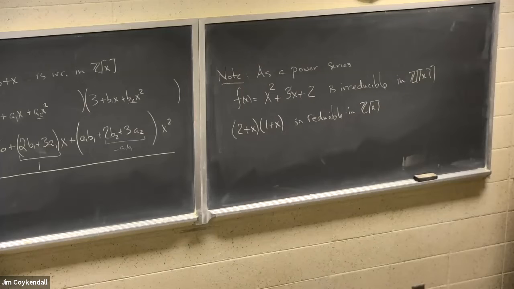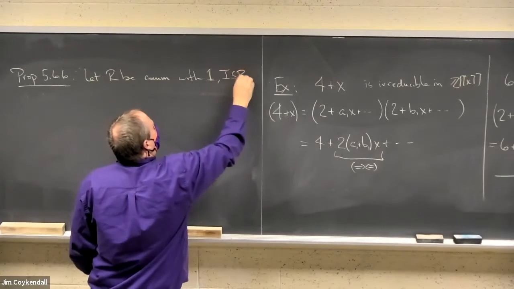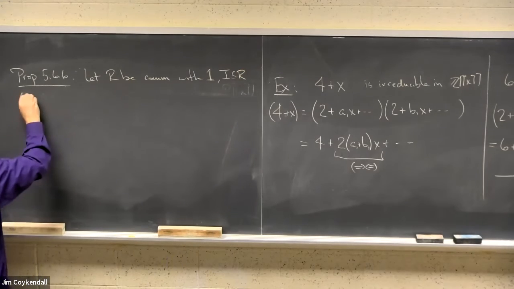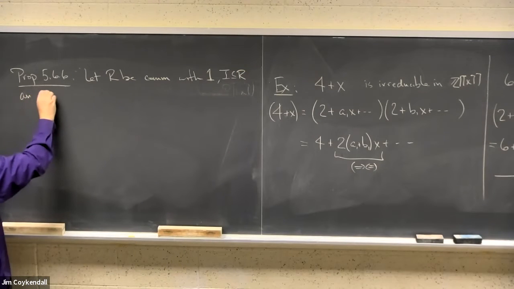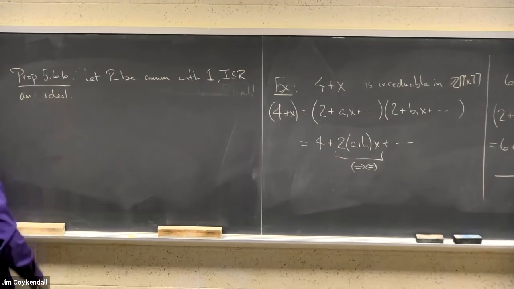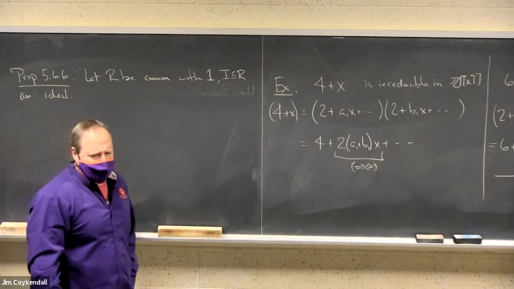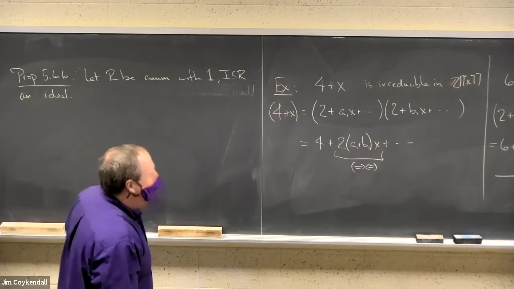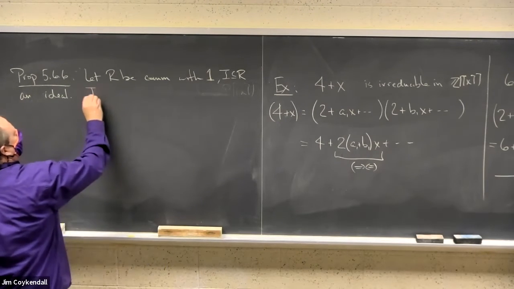Proposition 5.6.6. Let R be a commutative ring with 1 and I an ideal. Before I start this theorem, let me make a couple of definitions.